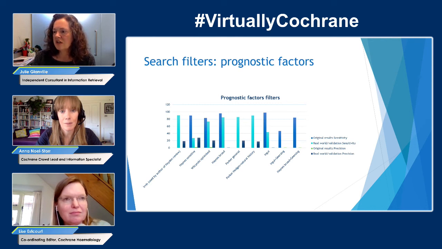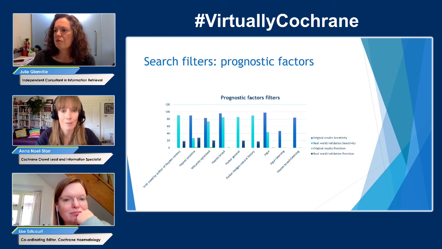And what you can see here, for example, the second filter along is the Haynes sensitive filter. And what you can see here is the drop-off in sensitivity when the Haynes filter, for example, was validated in a particular second gold standard set of relevant records.